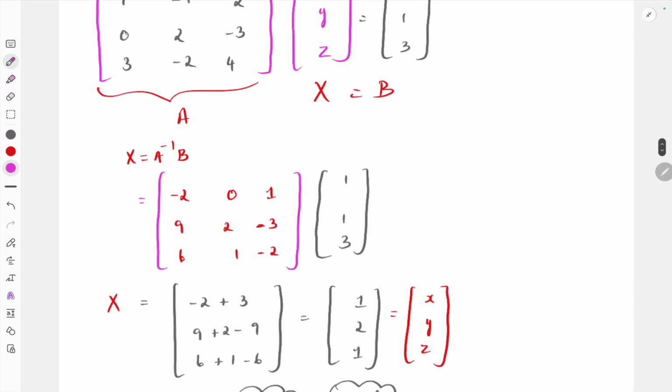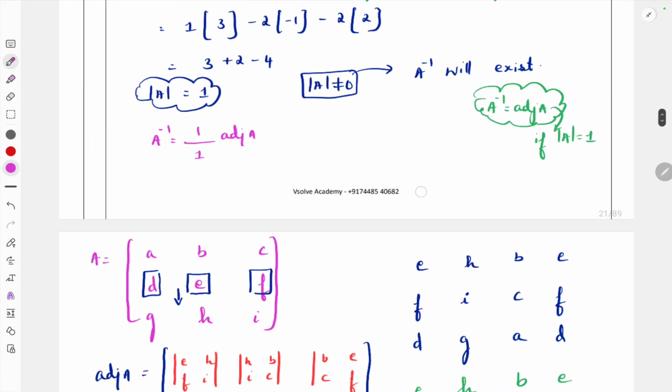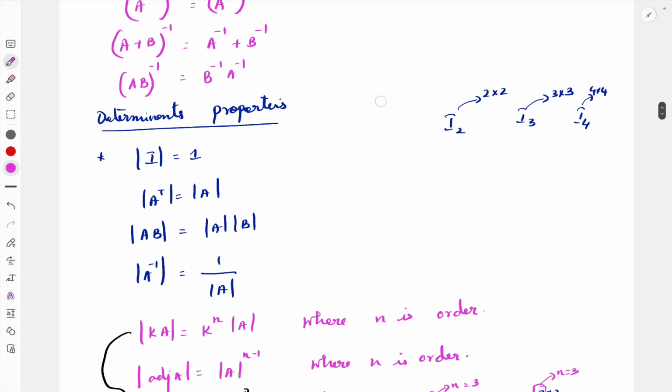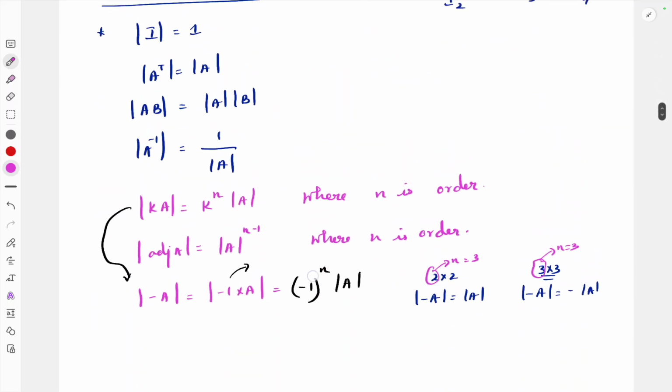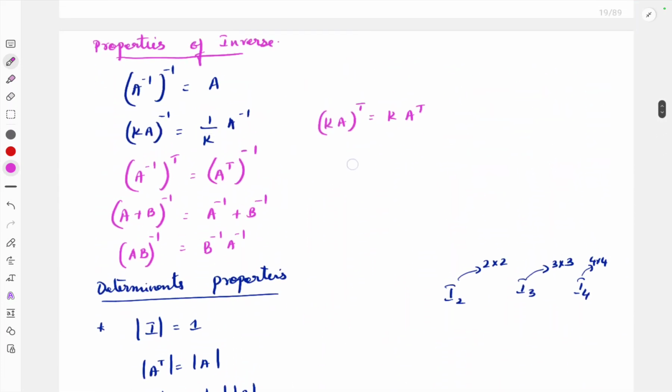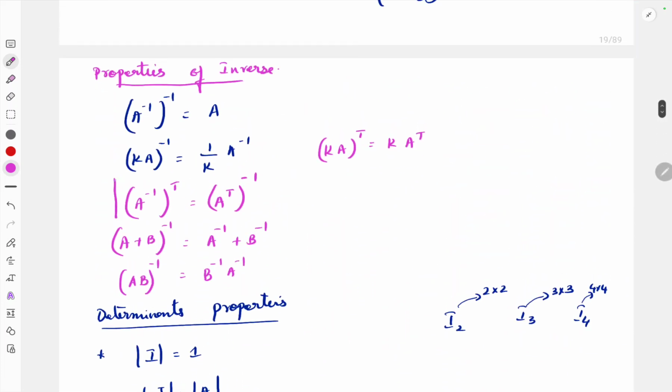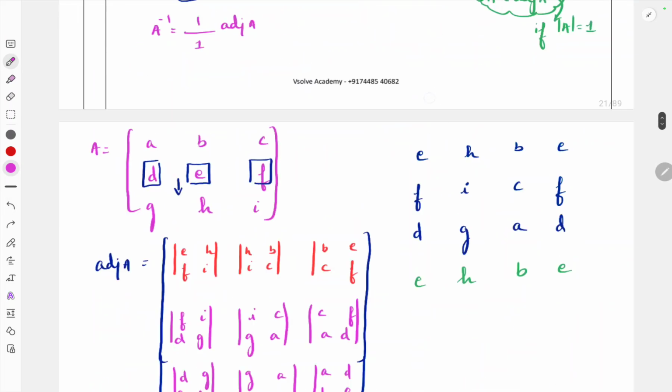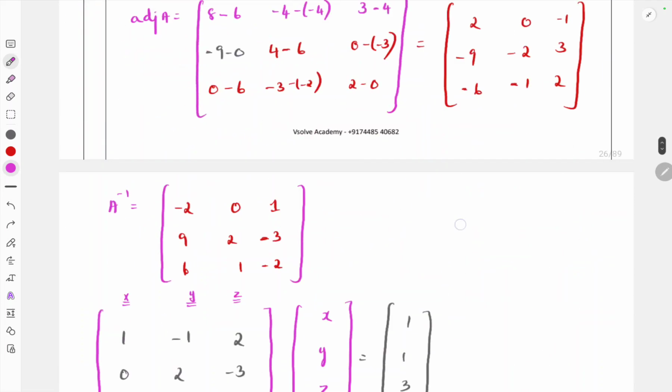I have written the property here, the A transpose property. A inverse the whole transpose is the same as A transpose the whole inverse.